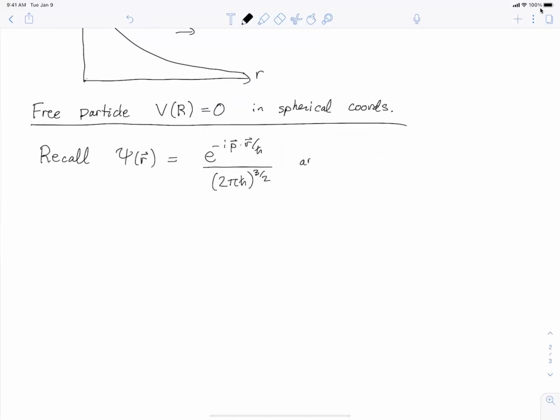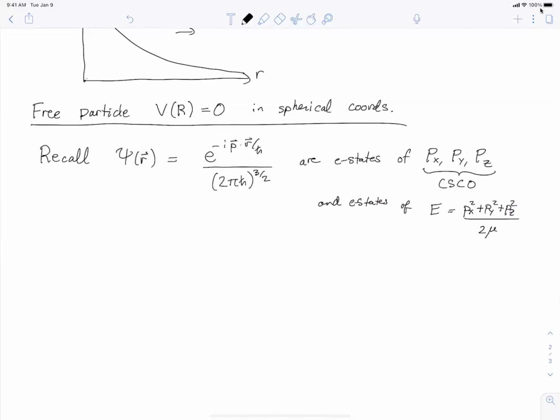These are eigenstates of p_x, p_y, and p_z, which are our complete set of commuting observables. They're also eigenstates of the total energy, because the total energy eigenvalue is the sum of the momenta in the 3 dimensions squared divided by twice the mass. So these are plane wave solutions.